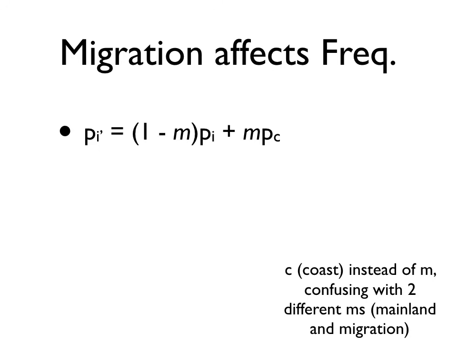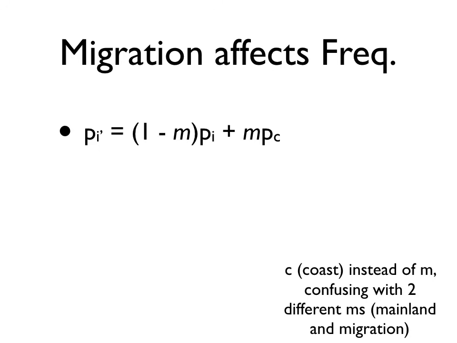And so here, when we talk about the frequency of these different alleles in the population, we need to think about how the movement of individuals from one population to another affects allele frequencies. And it only does this if the two populations have different allele frequencies to begin with, okay?